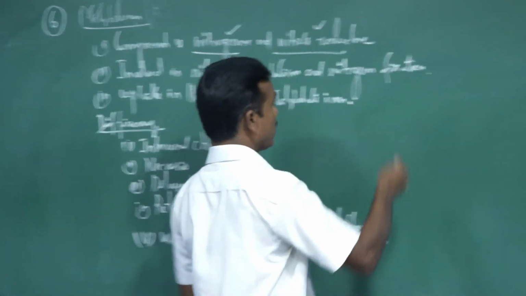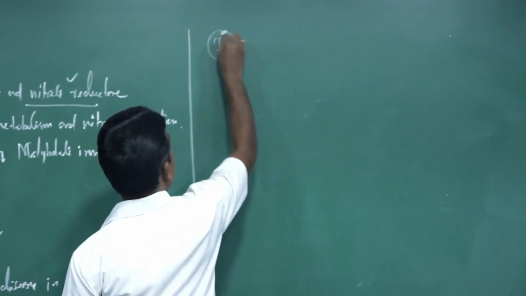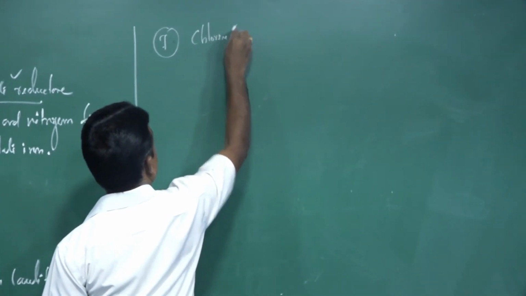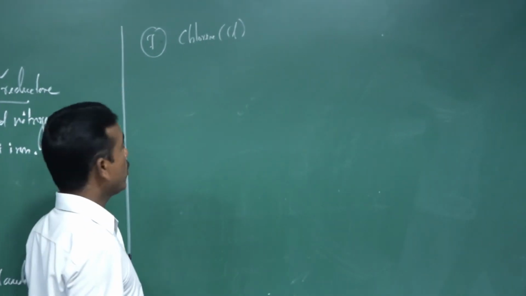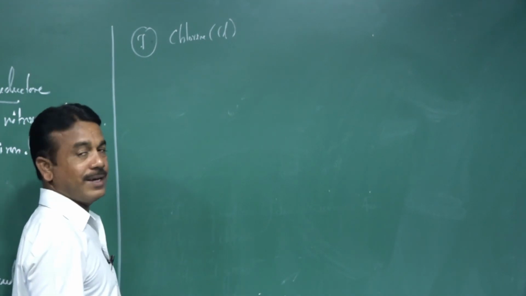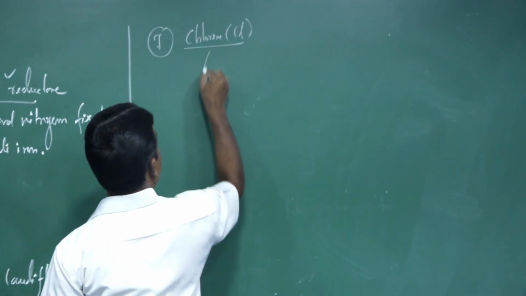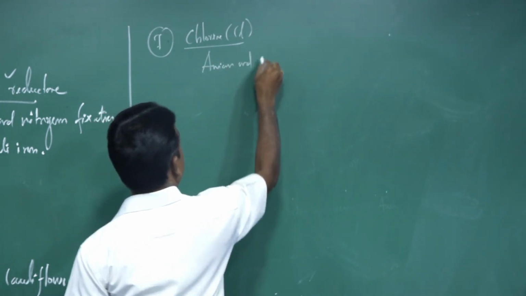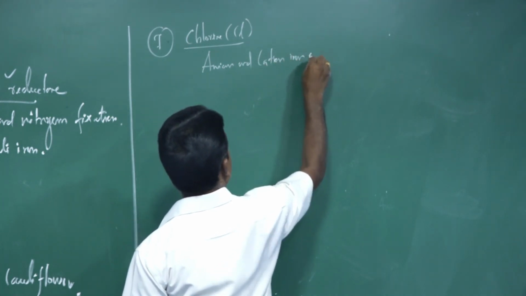The seventh one is chlorine. The symbol is Cl. Chlorine is an essential component for anion and cation exchange.